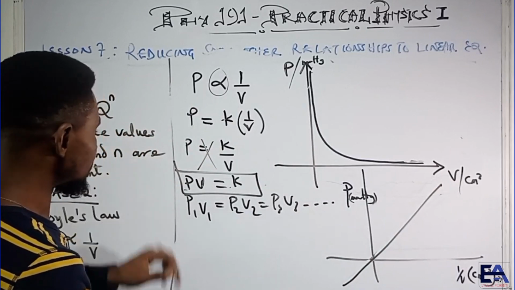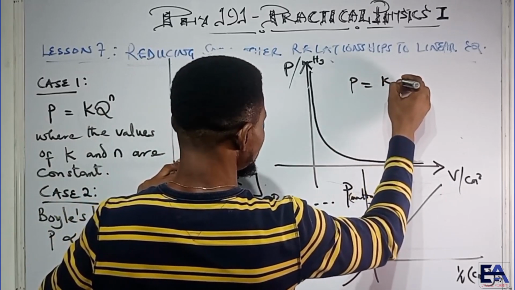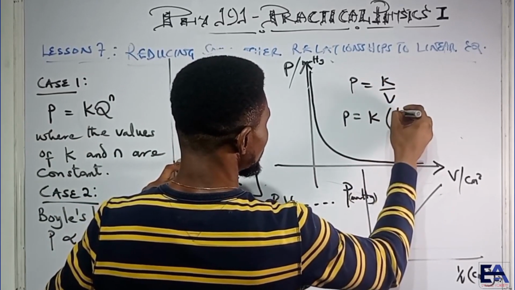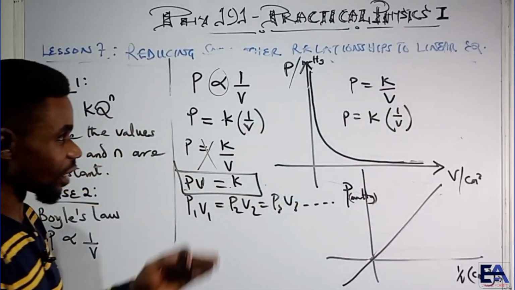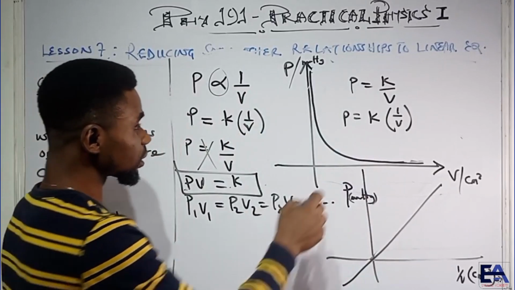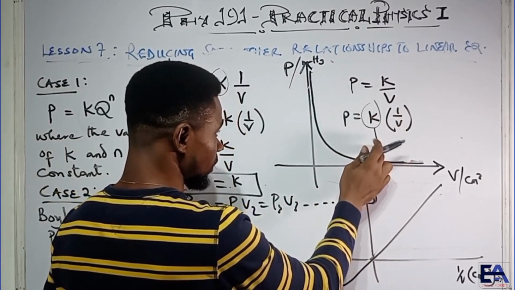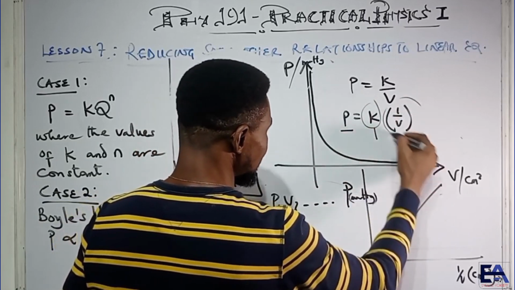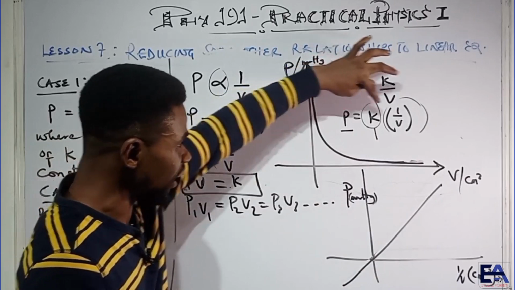The equation says P is equal to K over V, or you can say P is equal to K multiplied by 1 over V. This K is a constant, which serves as the slope. The constant of proportionality is now the slope. This is the dependent variable, while this one is the independent variable for this graph. So you are plotting the graph of P against 1 over V.